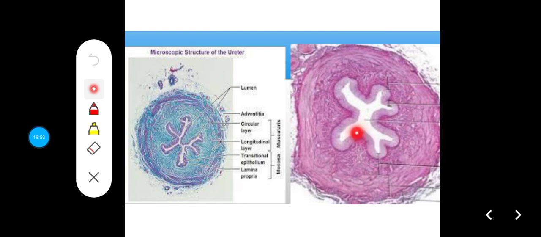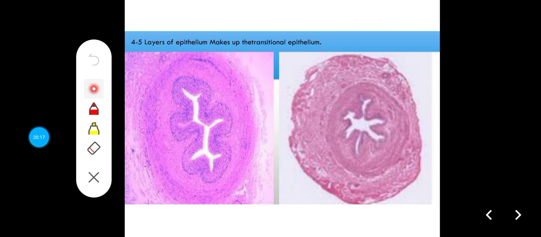Same thing here: the epithelium, the homogeneous appearing lamina propria, which looks like the submucosa in the esophagus, then the outer muscle layer, and then the extra connective tissue layer. In most slides of the ureters, you will see something like that.